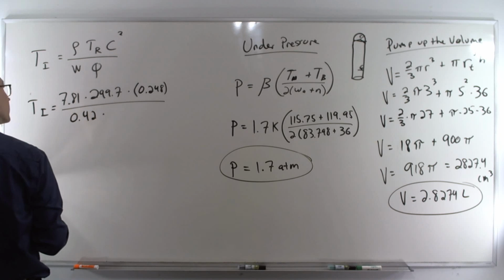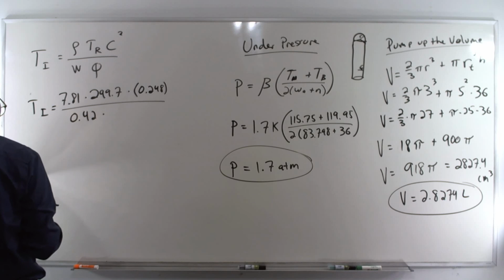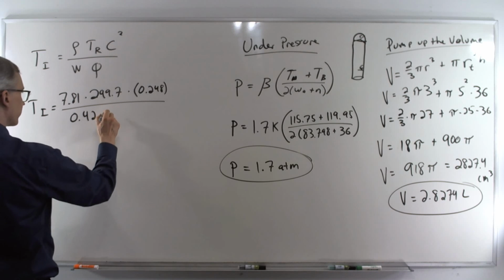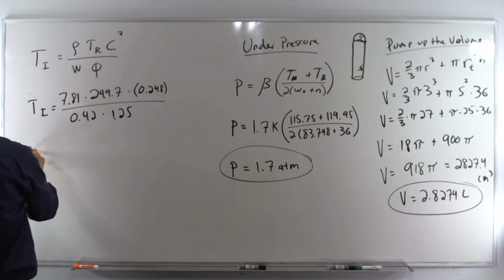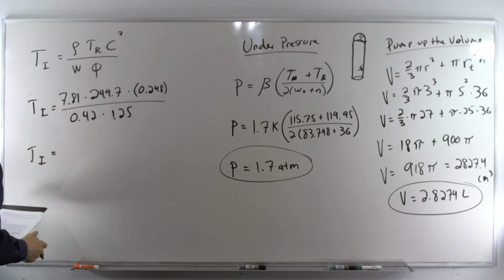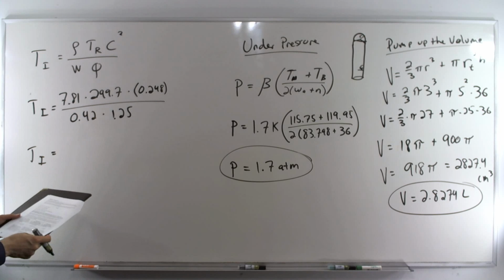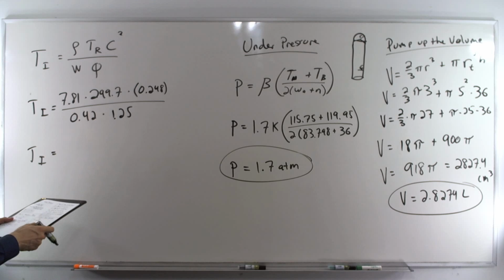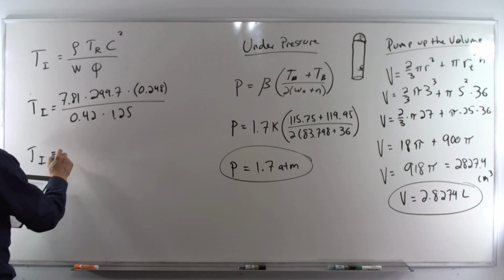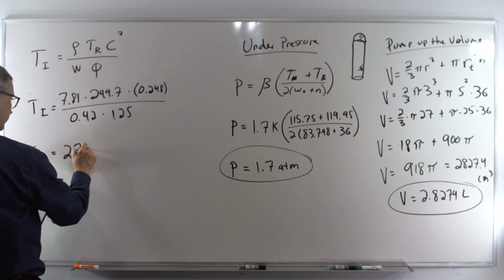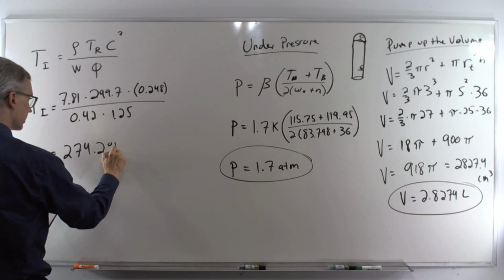And then our last symbol, phi, the heat transfer constant, given in the description, 1.25. The challenge there is just wading through all that and trying to find the right values. All right, calculate this out, and we get 274.2 degrees Kelvin.